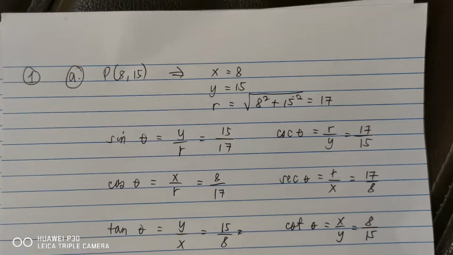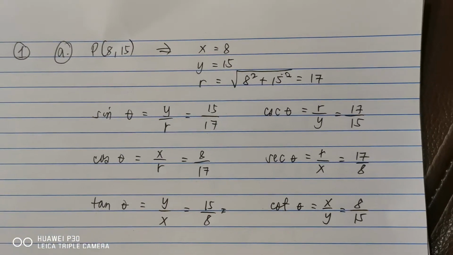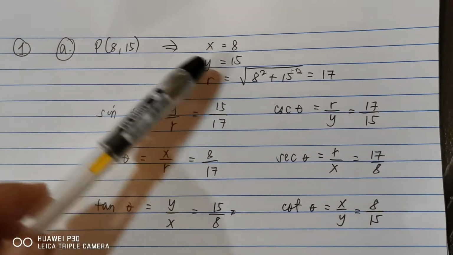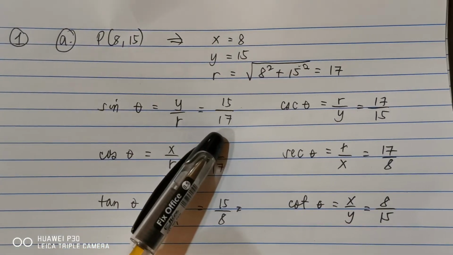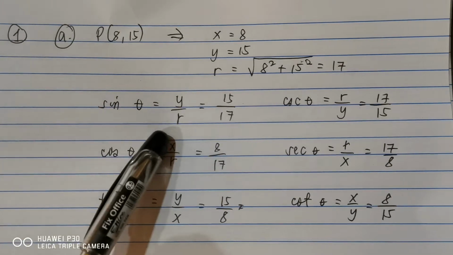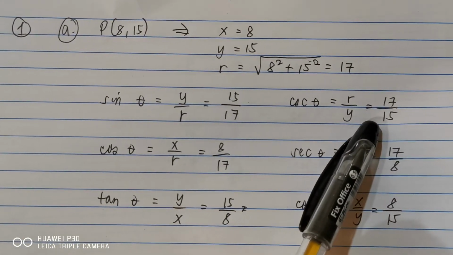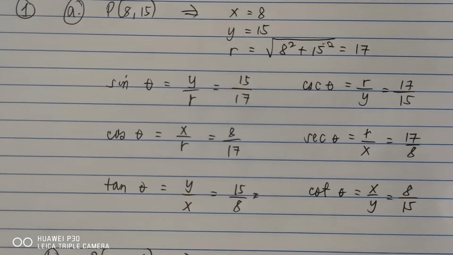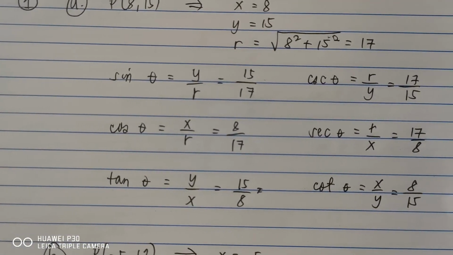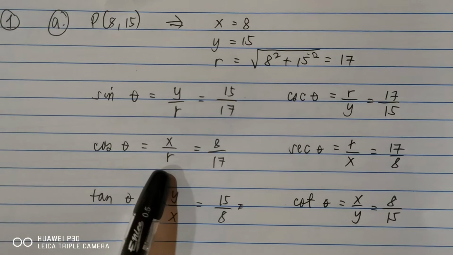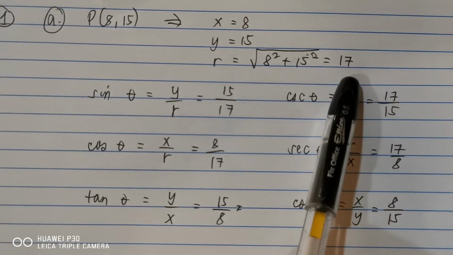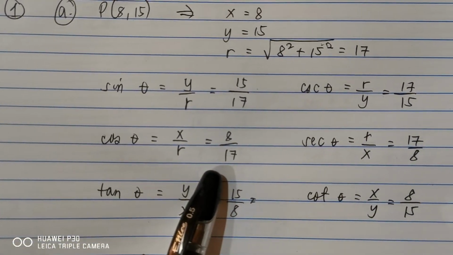So by SOHCAHTOA, our sine theta is y over r. So y is equal to 15, our r is 17. Cosecant theta is the reciprocal of sine theta, so cosecant theta is equal to 17 over 15. Cosine theta is equal to x over r. Our x is 8 and our r is 17, so we have 8 over 17.